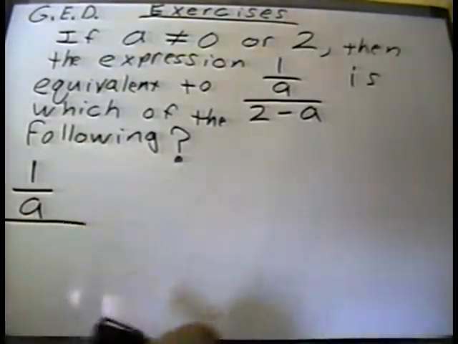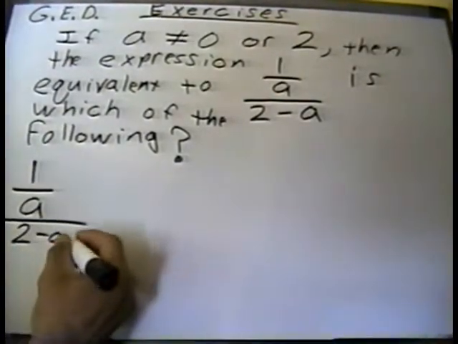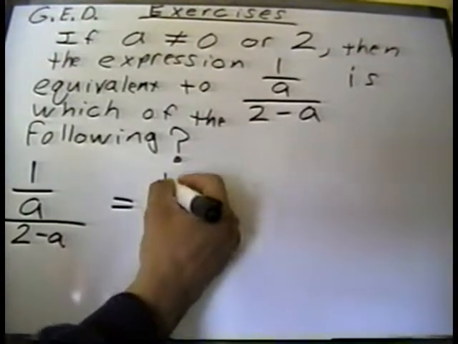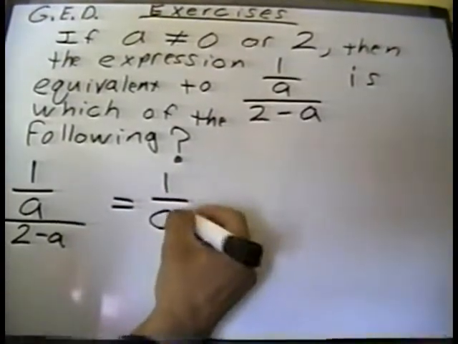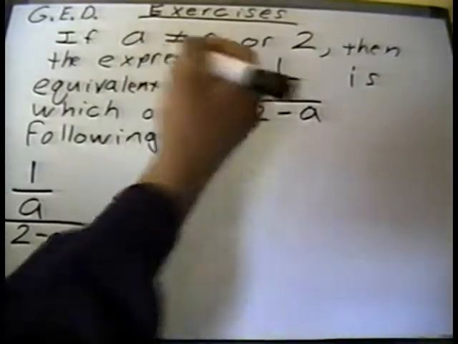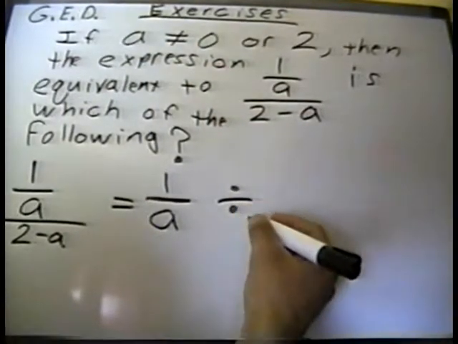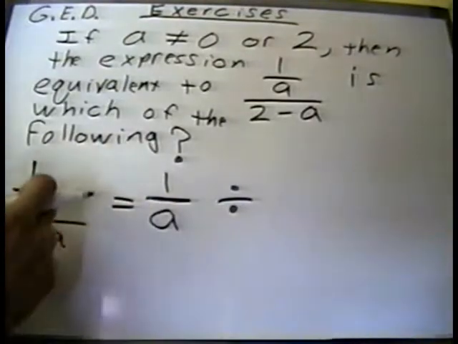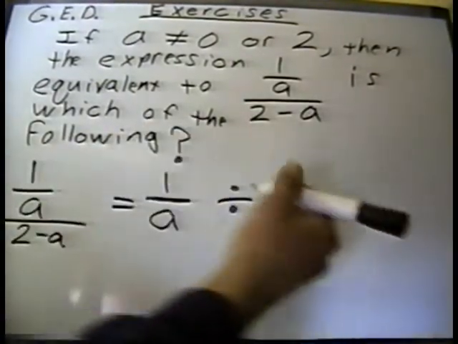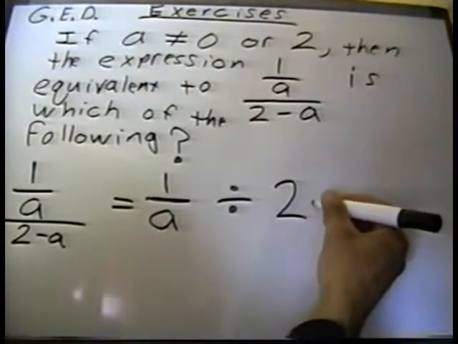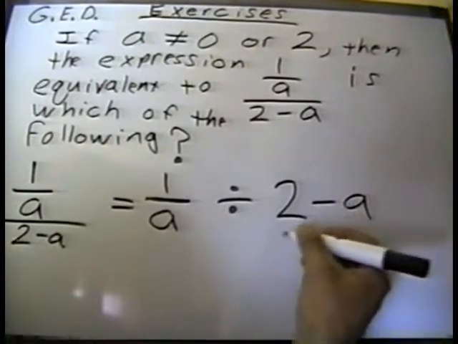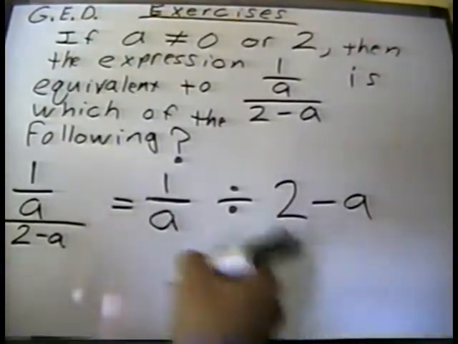So we have 1 over a divided by 2 minus a. So that's equivalent. So we rewrite that. You can rewrite it as something that's visually more comprehensible, because this is 1 over a divided by 2 minus a. So we can write it as such.